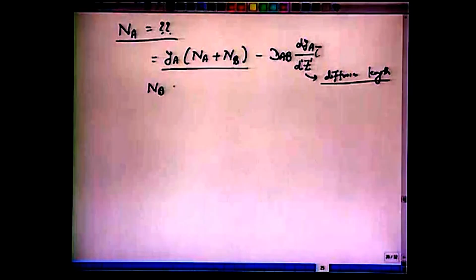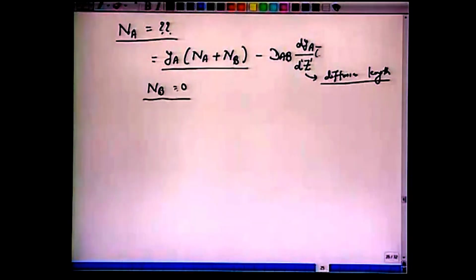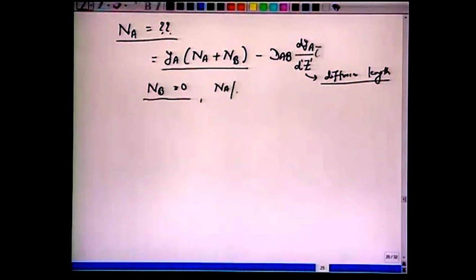Again, be careful, this z is now your diffusion length, this is not the packing length which we are trying to determine. So, let us be careful with this diffusion length. Na equals (Na plus Nb) times ya minus dAb dya over dz. In our case, Nb is 0, no transport of the bulk across the interface. And again this is a similar exercise which we did in our first couple of lectures.